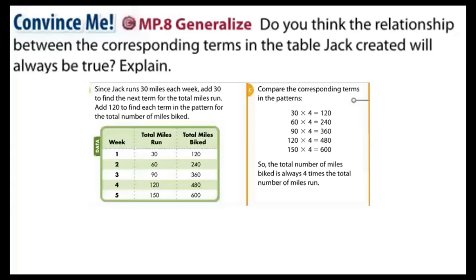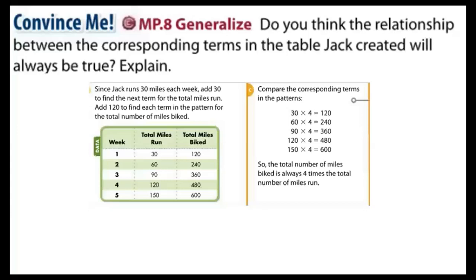So the first starting point is 30 and 120. If we need to get the next term in the table, 30 plus 30 equals 60, plus 30 equals 90, plus 30 equals 120, plus 30 equals 150.